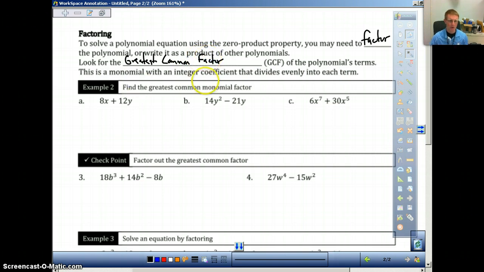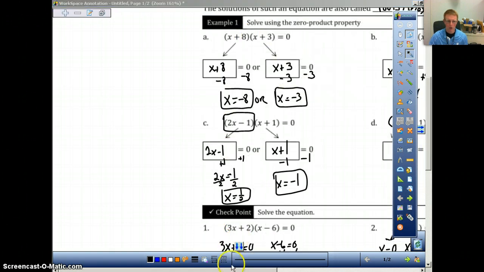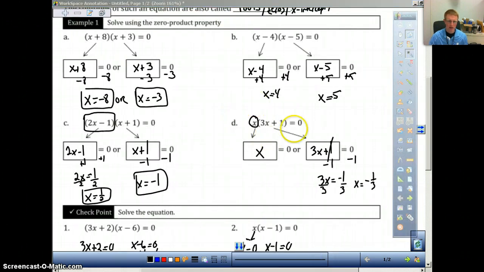This is a monomial with an integer coefficient that divides evenly in each term. So in other words, we are going to be taking polynomials that look like this, and we're going to be trying to get them to look like polynomials that look like this or, specifically today, problems like this. Because once we get them to look like this, then we can solve for our zeros.